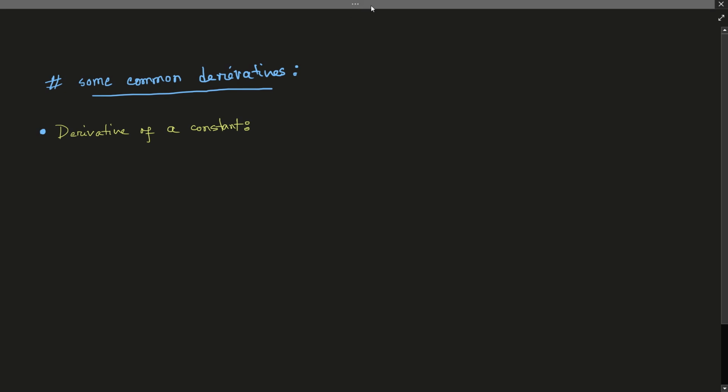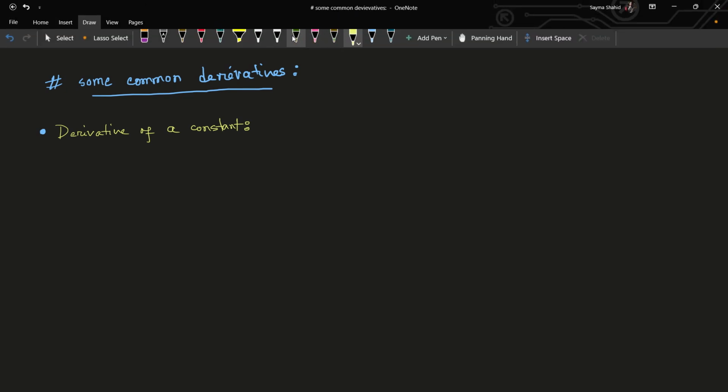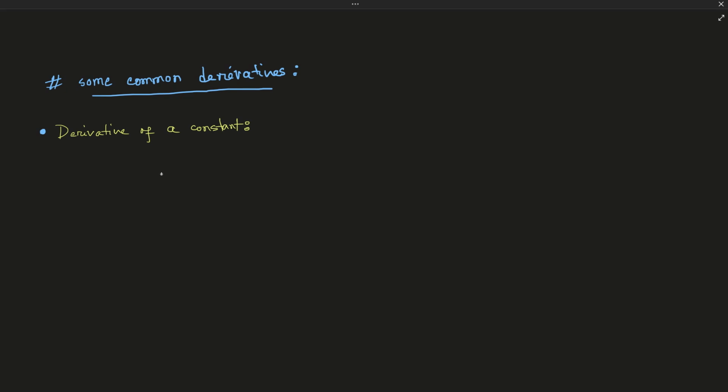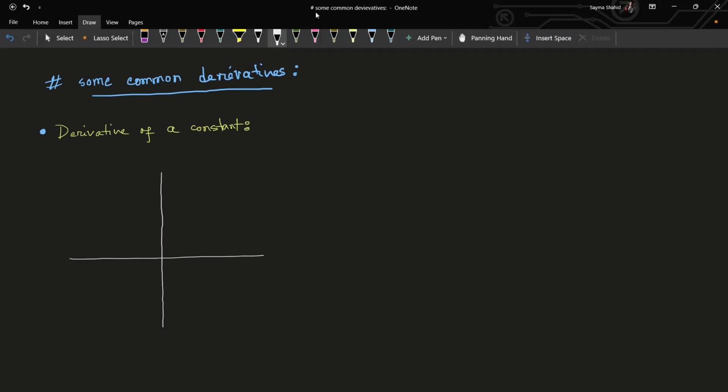So let me draw a graph. Let's start with a horizontal line.